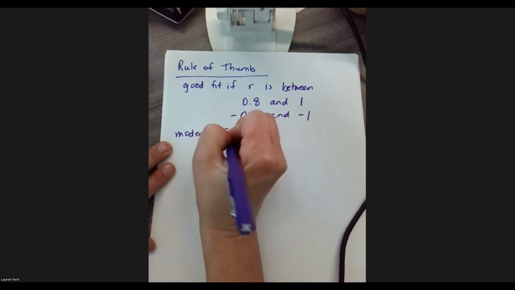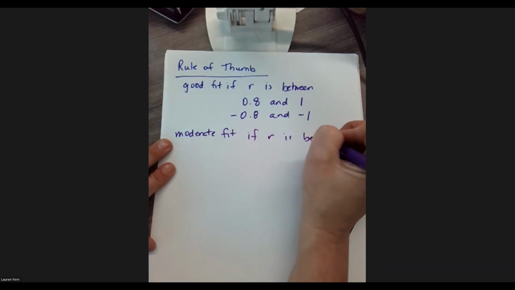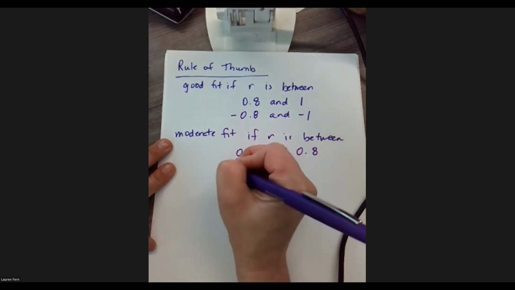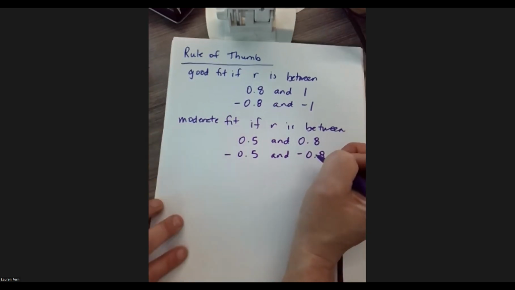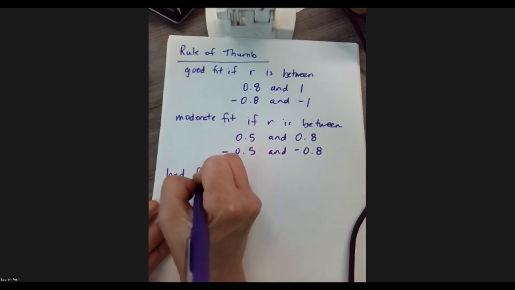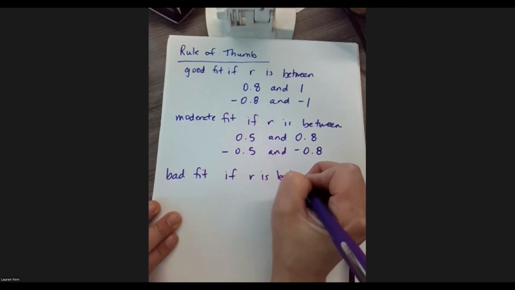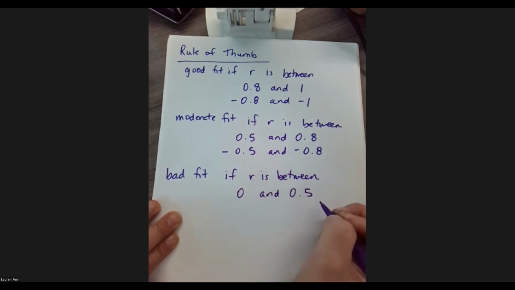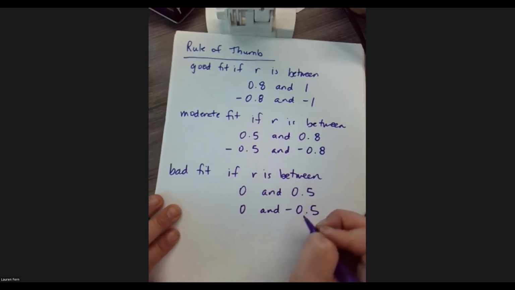In other words, you can use the line, but use some caution. If R is between either 0.5 and 0.8, or in the case that we have a negative slope, -0.5 and -0.8. And finally, it's a bad fit, AKA don't use it, if R is between either 0 and 0.5 for a positive slope, or 0 and -0.5 for a negative slope.